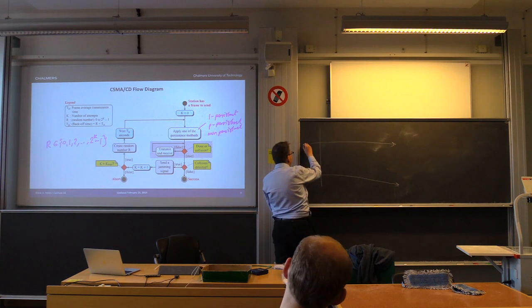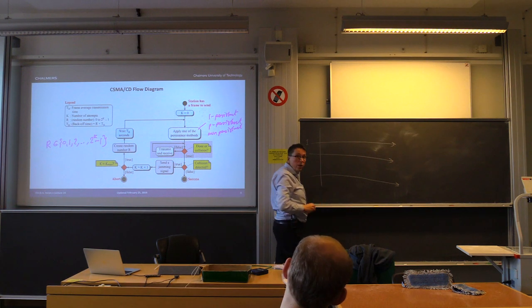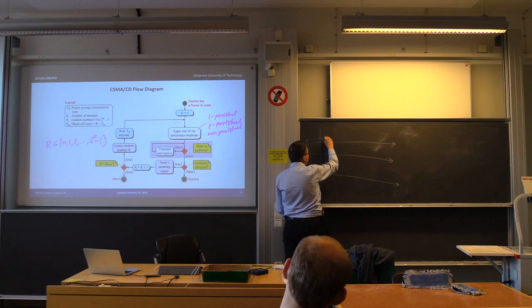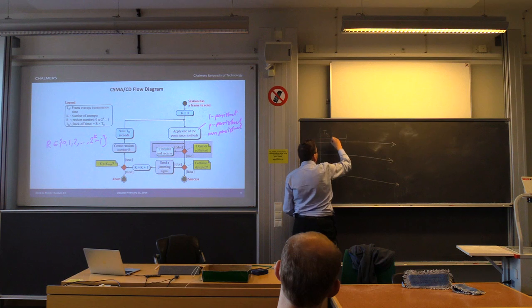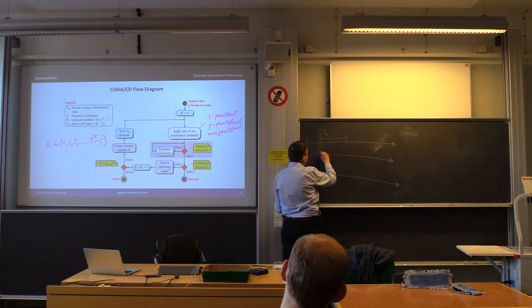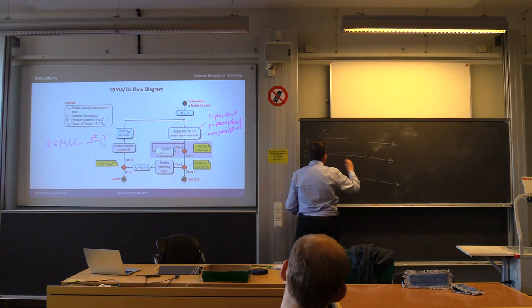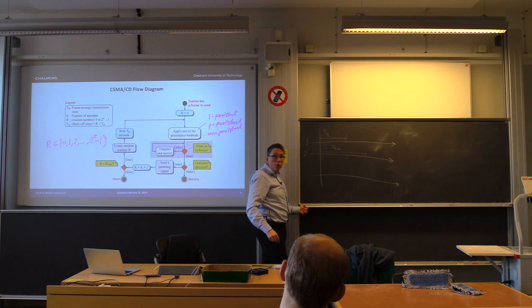So if we have two nodes, say 1 and 2, and there is a collision, then 1 waits for the back-off time for node number 1. So that's a random variable. And then node 2 waits for a back-off time, which is a random variable for node number 2.